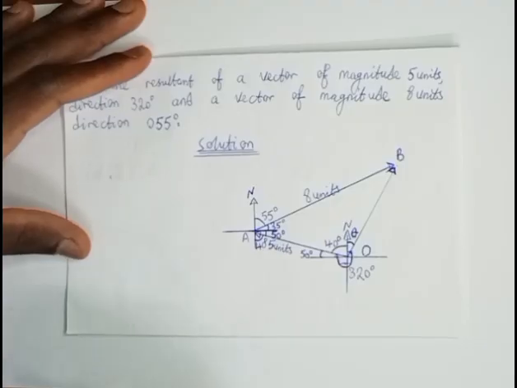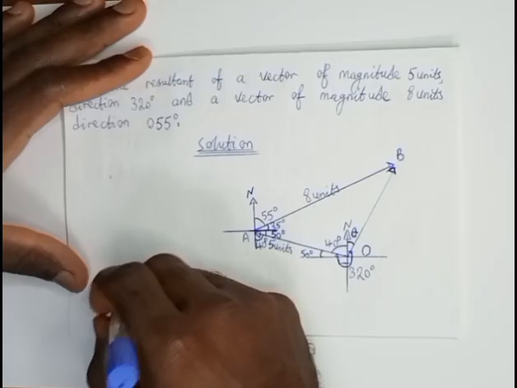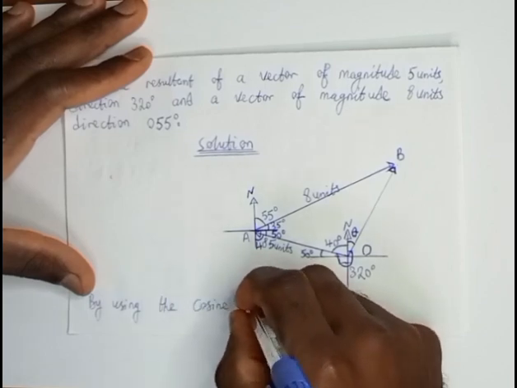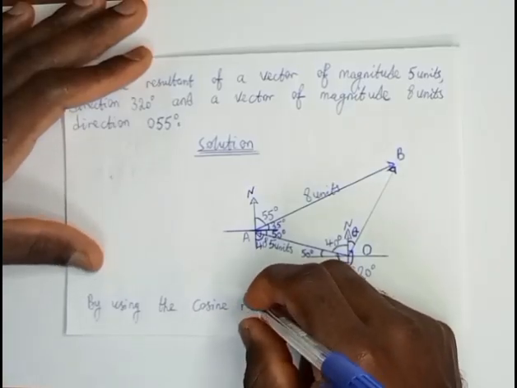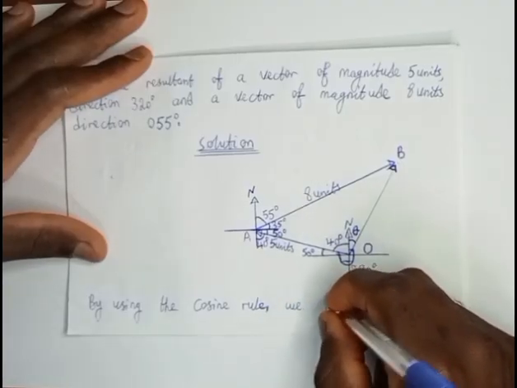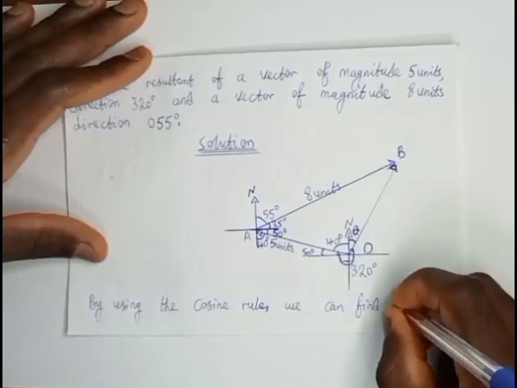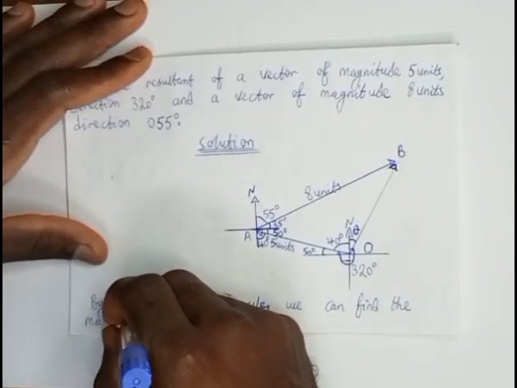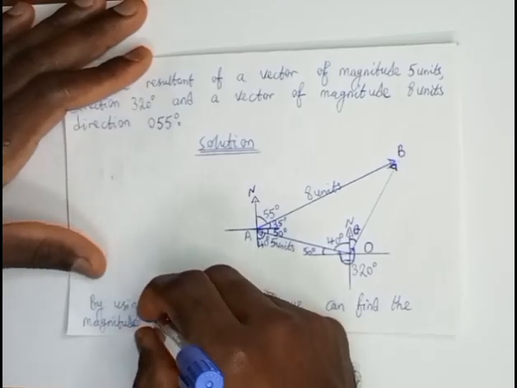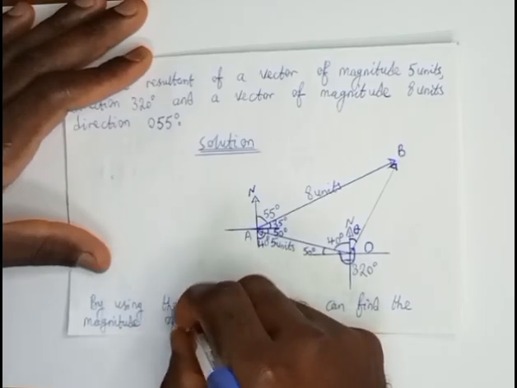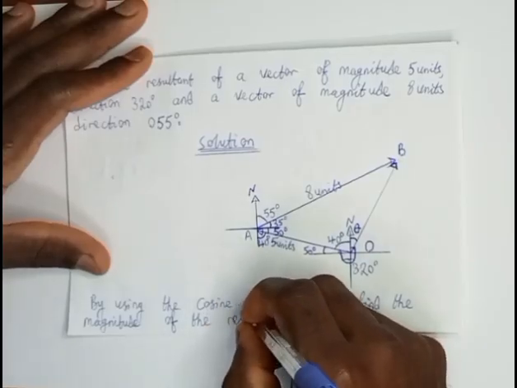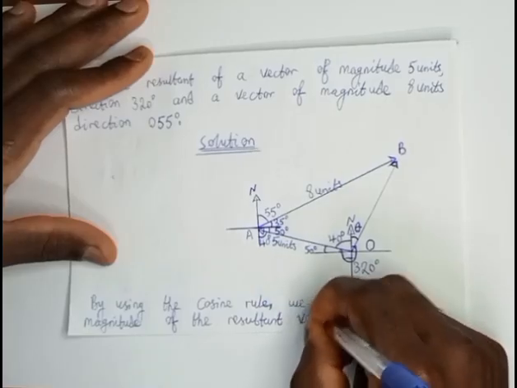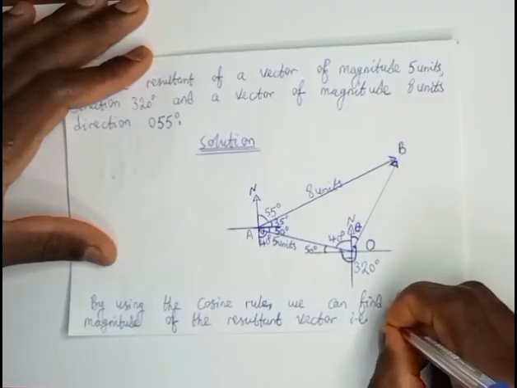Now, by making use of the cosine rule, we can find the magnitude of the resultant vector, that is OB.